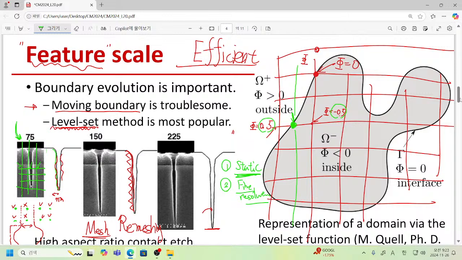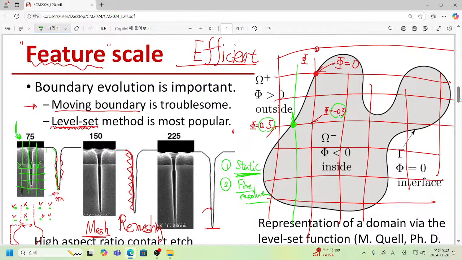Of course, it cannot be applied to every case, but within certain reasonable restrictions, we can use this level-set method.